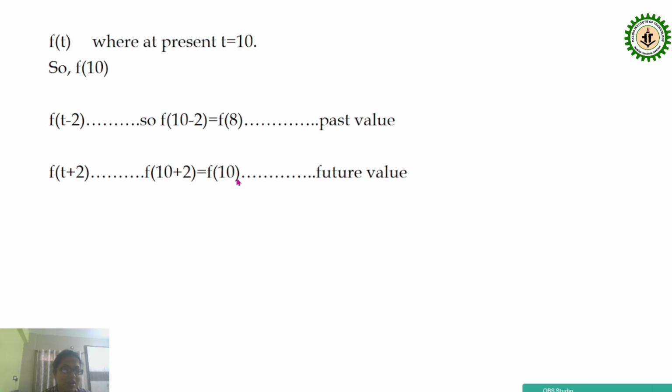So if you compare, f of 10 is the original one and 12 is the future value compared to 10, or an advancement compared to 10. Because of this reason, we represent the advanced signal by a plus symbol and the delayed signal by a minus symbol.